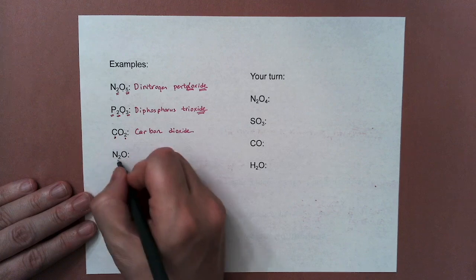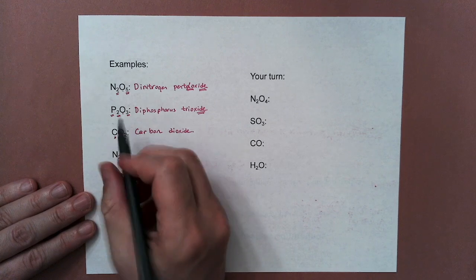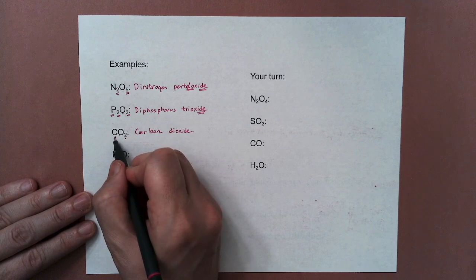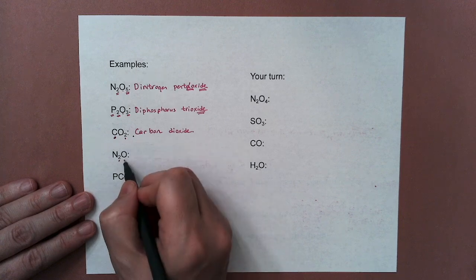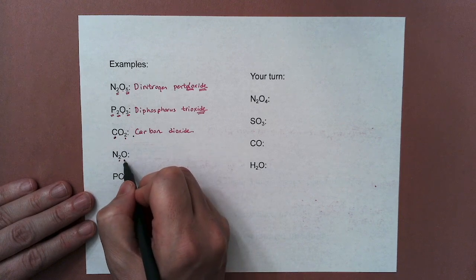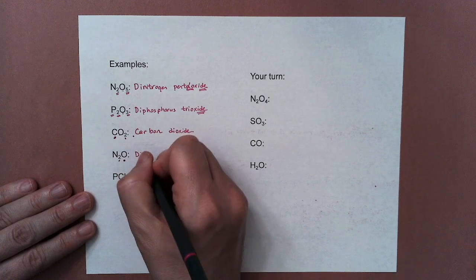Next is N2O. I have 2 nitrogens, 1 oxygen. Now, when you have the first nonmetal only 1, you don't need to say the number of it. You don't say monocarbon. But if you have the second nonmetal only 1, then you would be saying the number of the second nonmetal. So it's going to be dinitrogen.